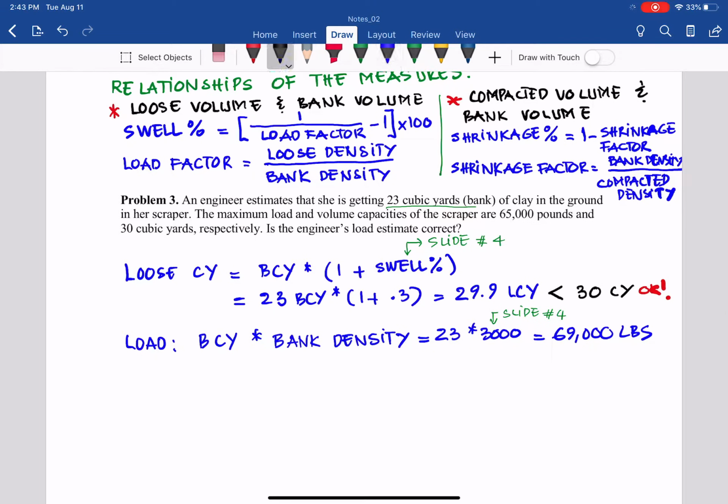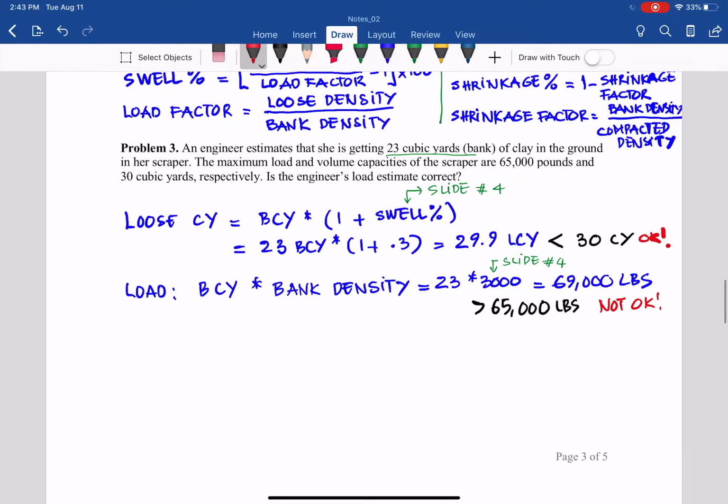And as you can see, the limit is 65,000, so it's not good. It is greater than 65,000 pounds, so it exceeds capacity. So what does that mean? Not okay. So when we estimate, we need to look at many other dimensions. Otherwise the scraper is not able to carry this load.